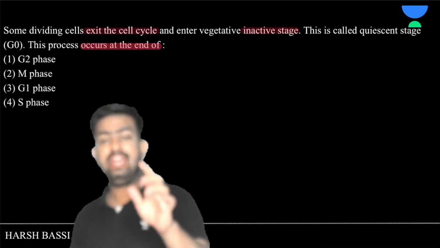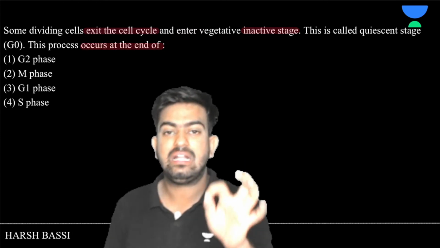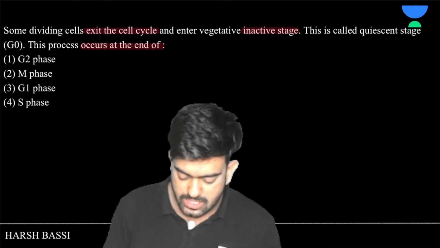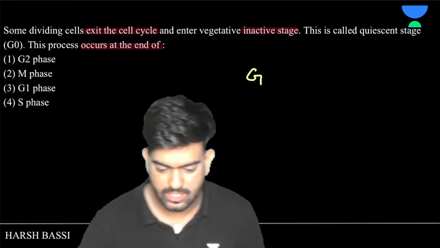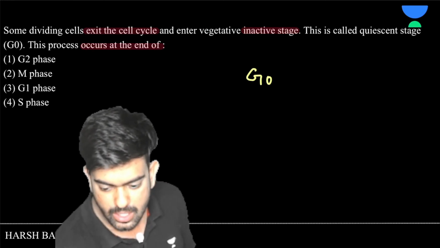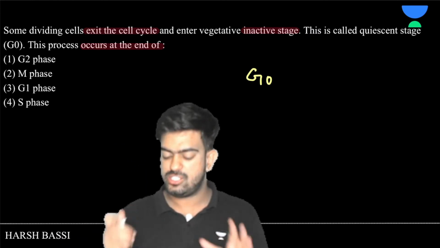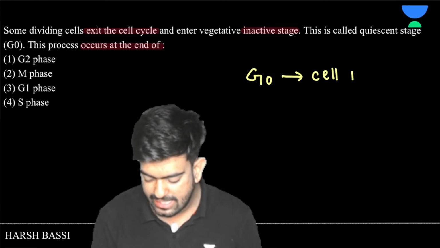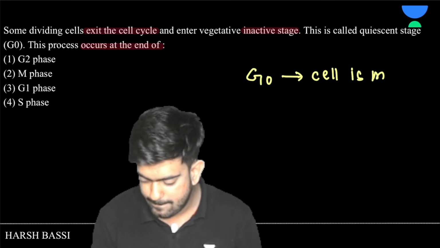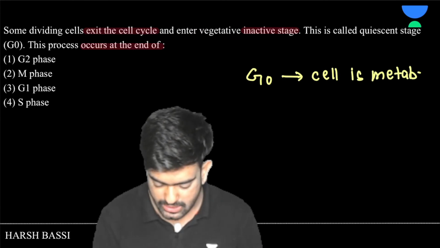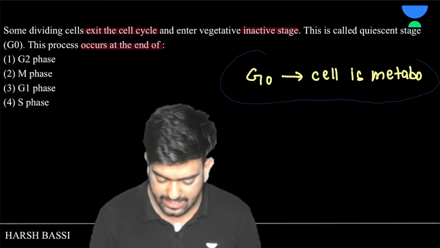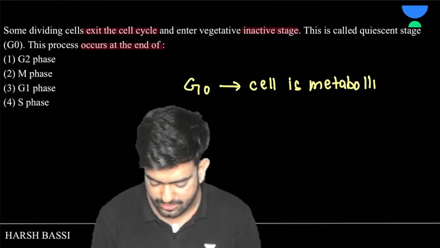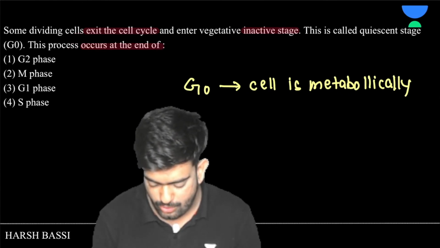I would like to tell you about this inactive stage or the vegetative stage. I am giving you one extra question from here only. If I say that in G0, the cell is metabolically inactive, is it correct or wrong?